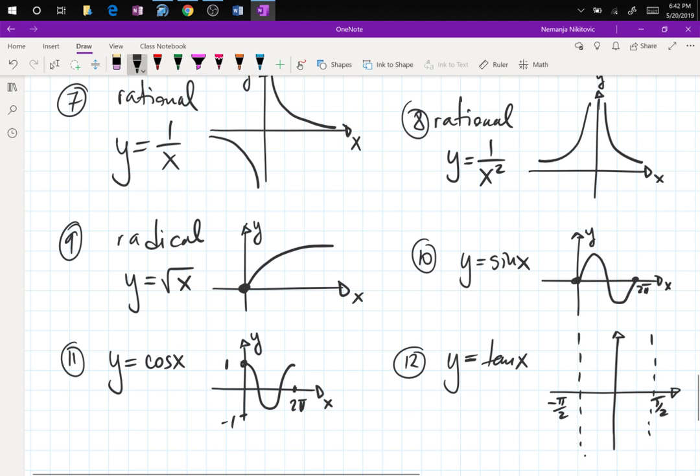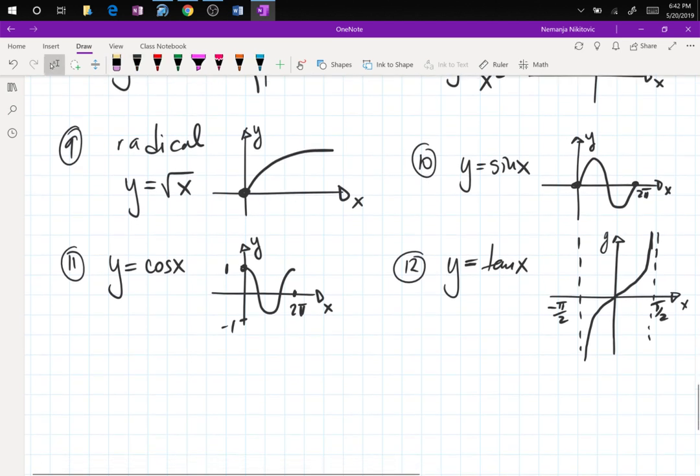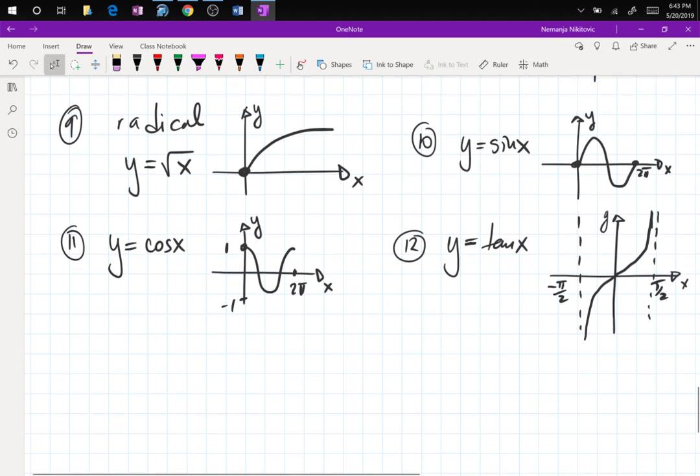And the tangent one looks like x cubed. Well, no, it's not x cubed, but it kind of looks like it. And there's a reason for it that you will see in Calc 2.